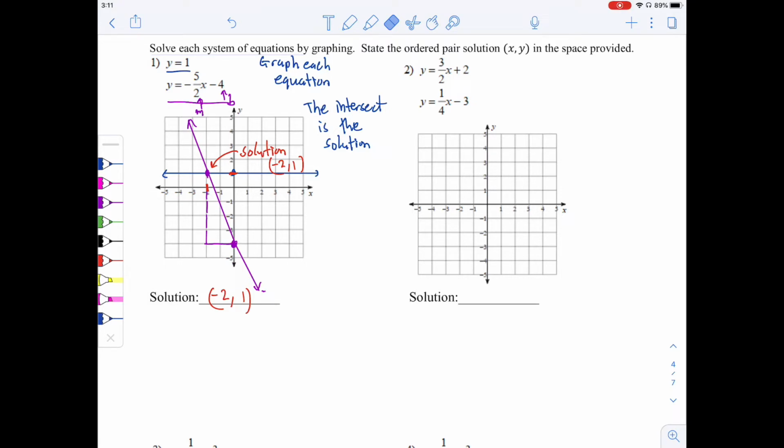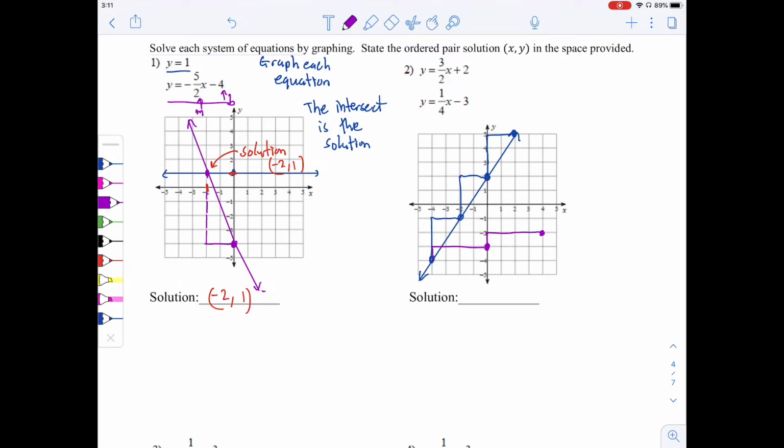Second one, we're going to graph it. We start at y-intercept 2, slope 3/2: up 3, right 2, make a point, and then just go the other way. Follow the pattern, then we make our line. That's the first one. Then the second one, we start at -3, then go up 1, right 4.